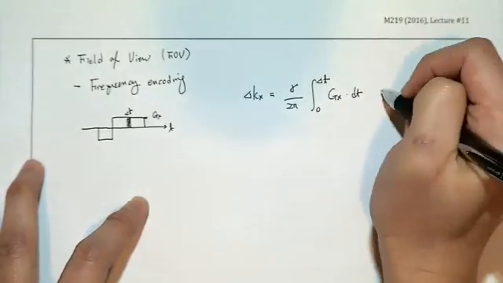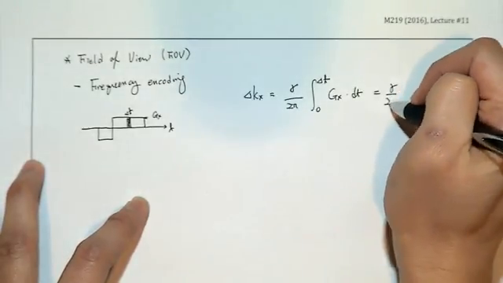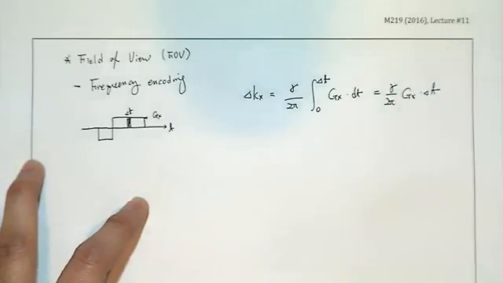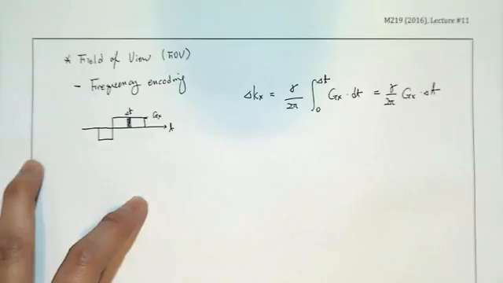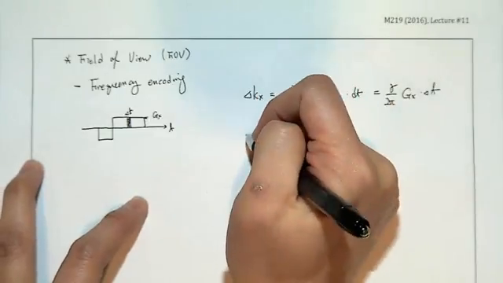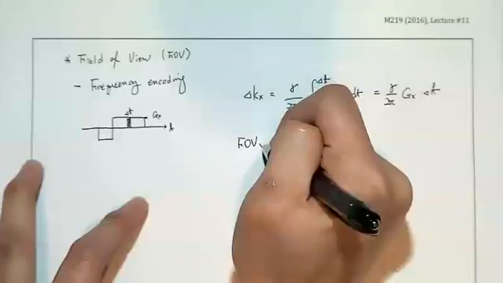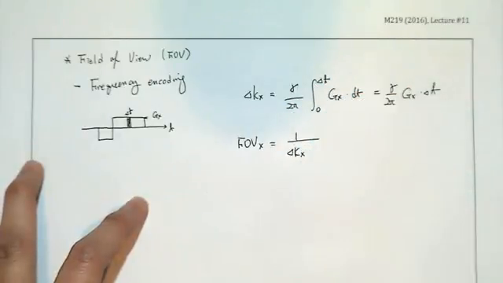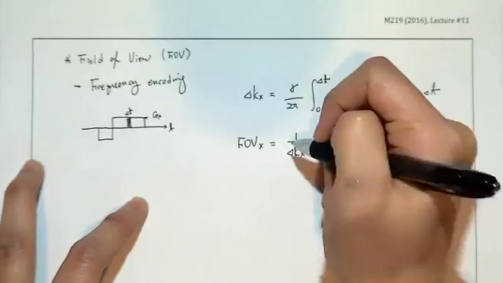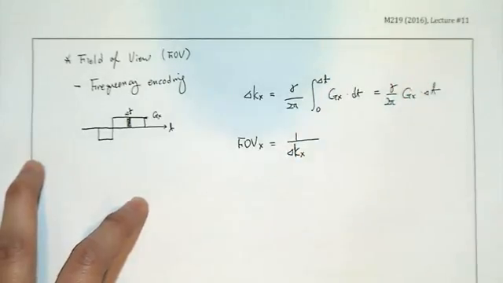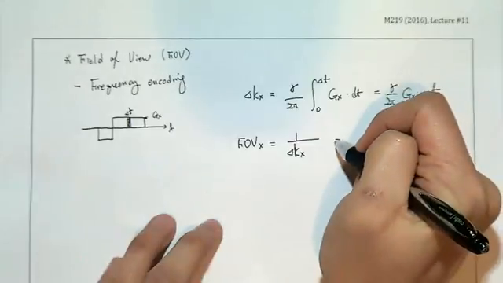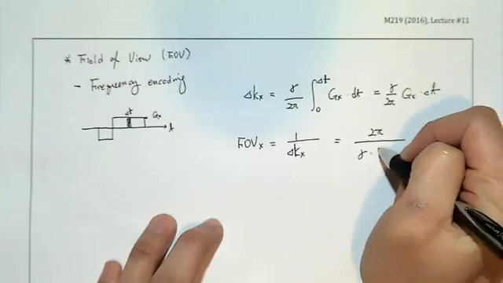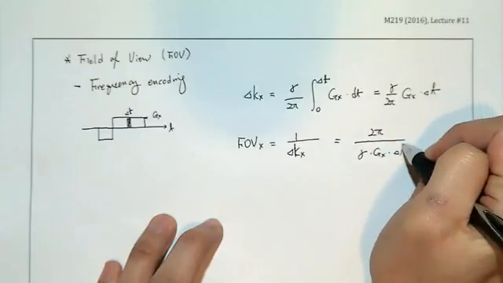So it's going to be just gamma over 2 pi Gx times delta t. Right? And the field of view x, as we defined before, will be 1 over delta kx, which means it's going to be 2 pi divided by gamma Gx times delta t.